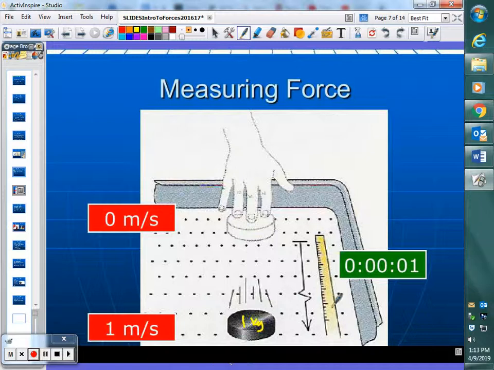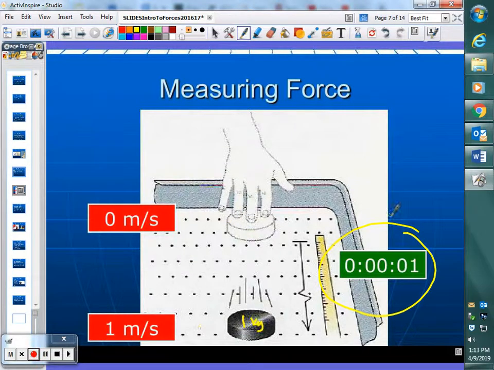If we pushed it, we could make it go faster from 0 to 1. If that takes place over a time of 1 second, how much has the velocity changed from this picture to this picture? 1 meter per second.